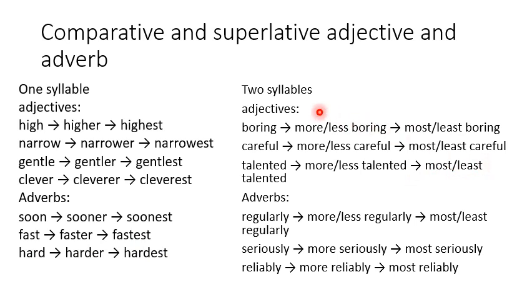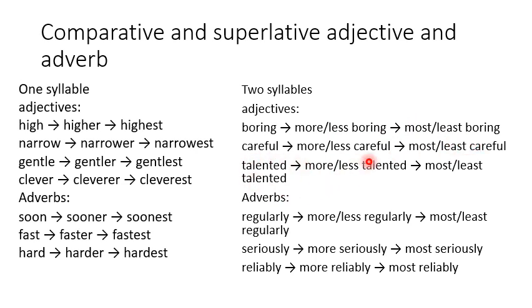For two syllable adjectives and adverbs, we need to add more and less to make a comparative, and most and least to make a superlative. For example, pouring is two syllables, so it's more or less pouring, most or least pouring.